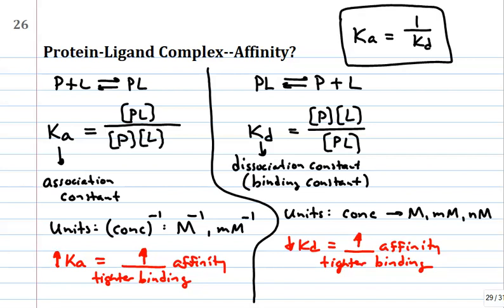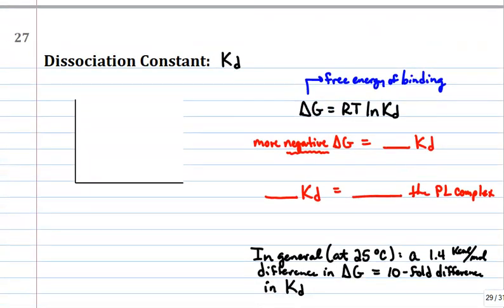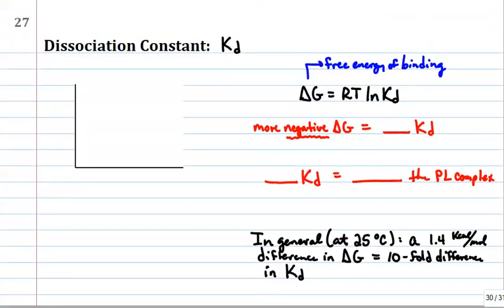So the lower the binding constant, the greater the affinity between the ligand and the protein, or we would call tighter binding. All right, so this leads us to the next page, which is how might one determine the binding constant or dissociation constant.